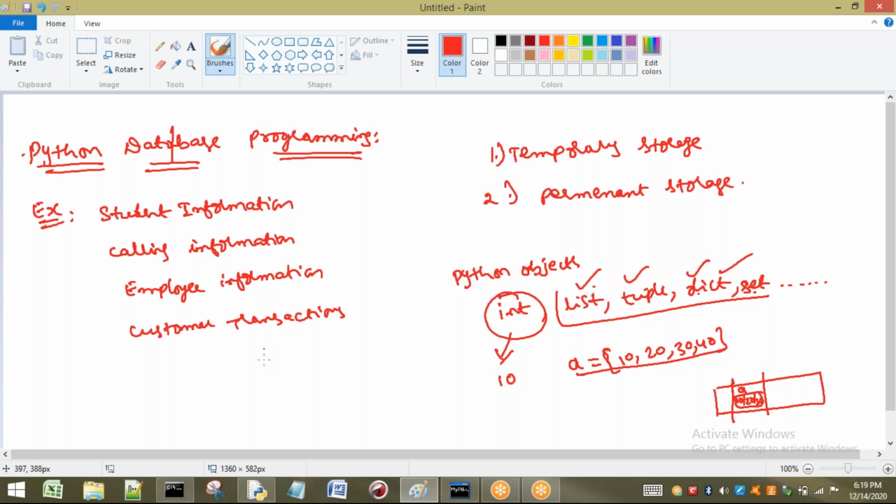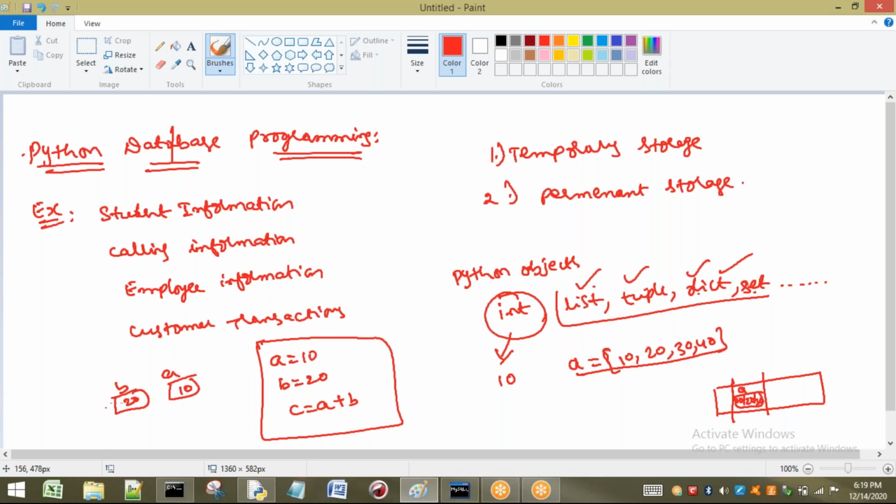For example, I'm going to write a small program: a equal to 10, b equal to 20, and c equal to a plus b. So this is one program I have written. When I execute this program, memory is allocated for a, and for b also we allocate some memory.